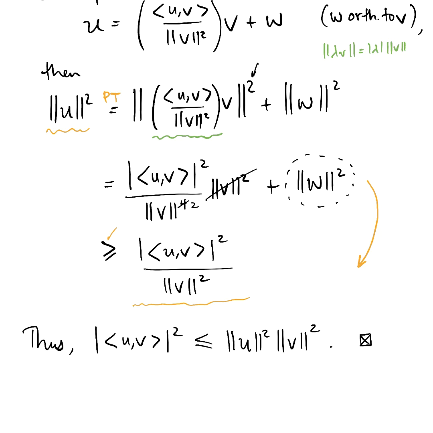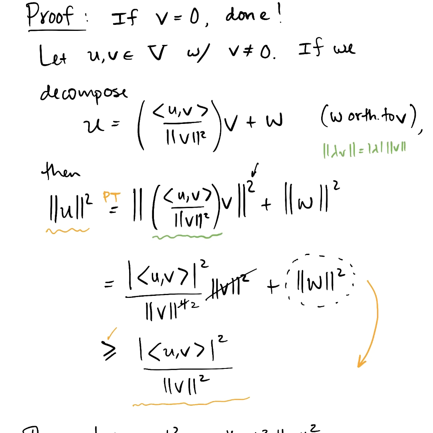The only way that inequality is an equality is if W is norm 0. In other words, if W is 0. And if W is 0, then U was a multiple of V in the first place.